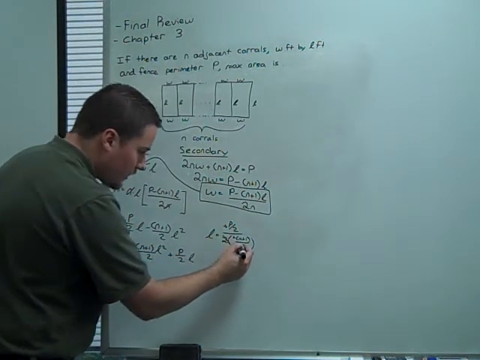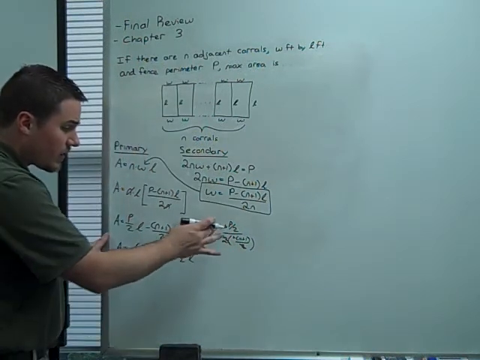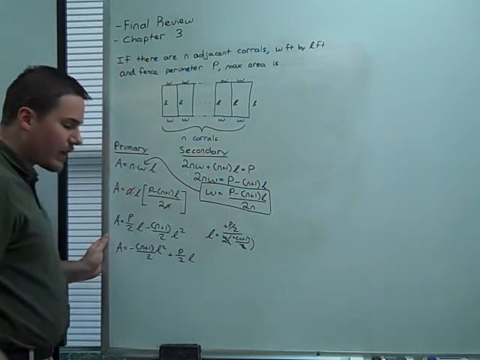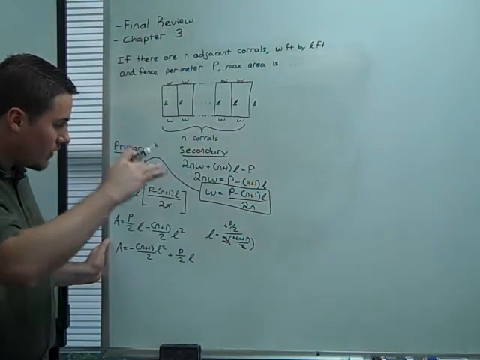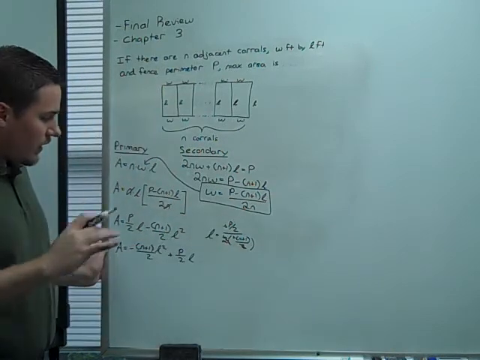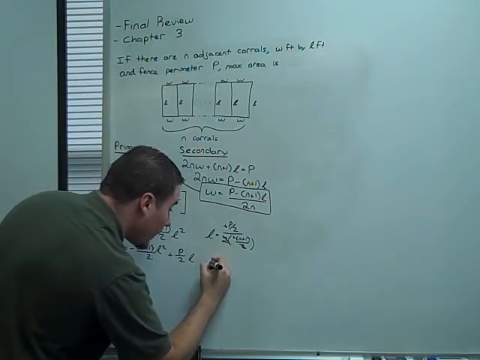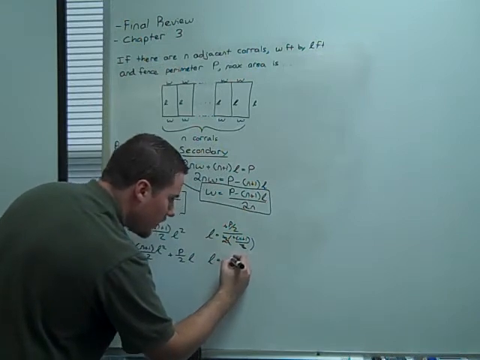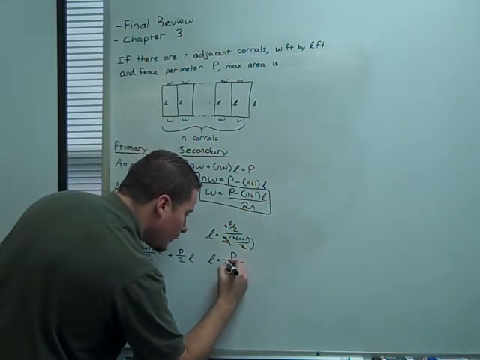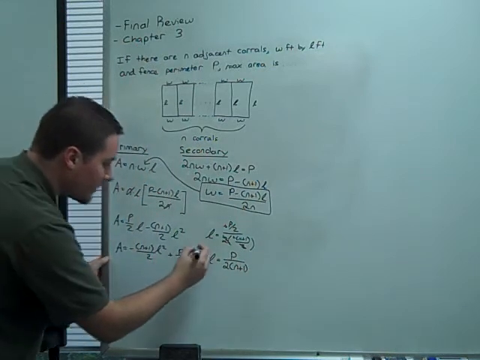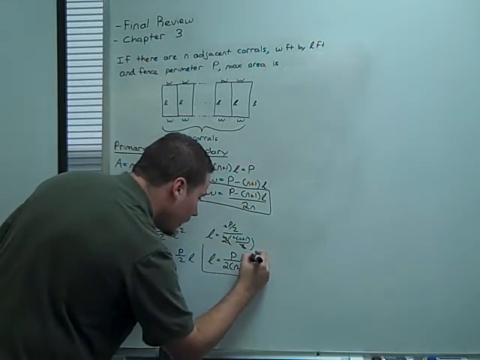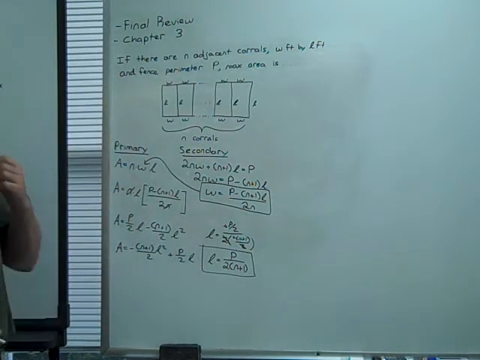The 2 in the bottom is going to cancel. So essentially we have P over 2 divided by (n plus 1). The 2 in the denominator can be moved down, so we get our final answer for L, at least, of P over 2(n plus 1). And this is a nice, compact answer.